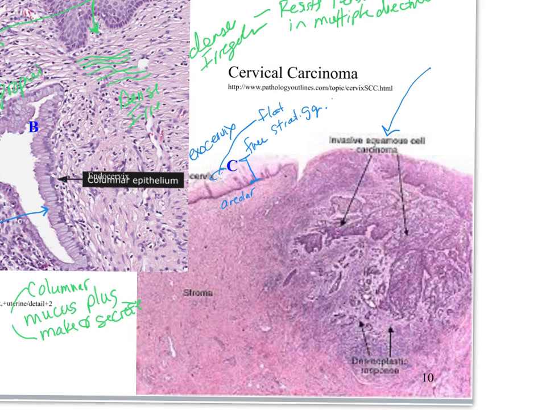So this area, when you're having sex, would also tear and potentially bleed. This tissue does not do the function that it is supposed to do. Therefore, it is not normal. It is a type of carcinoma or cancer.